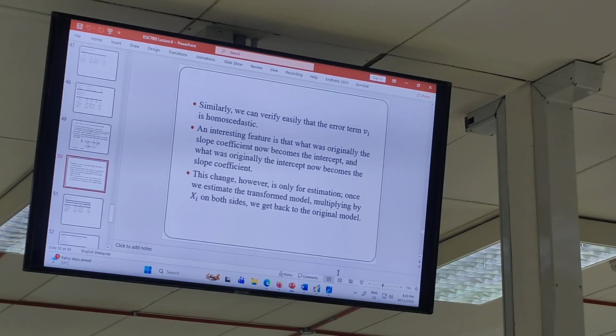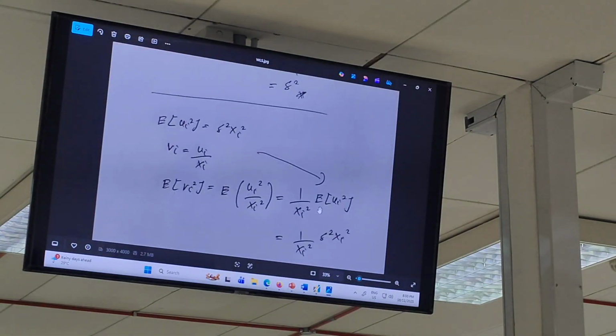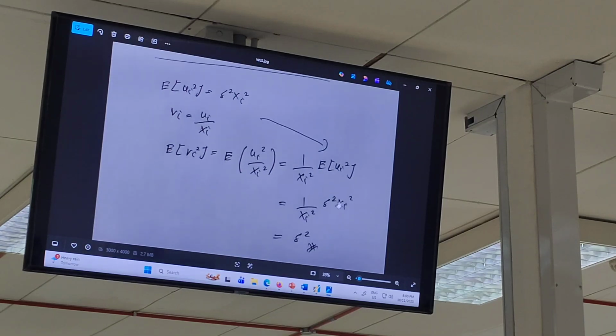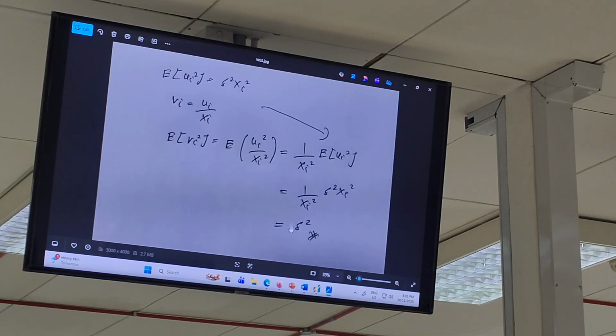If the error variance is proportional to x squared, and then we divide by x, that is the new error, and then the variance of this new error is given by this. So if we take this out, we cancel out this one, so we have sigma squared. Originally it was dependent on i, now it's no longer dependent on i. So this one is homoscedastic.